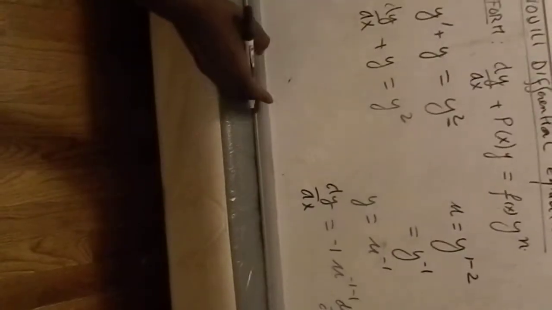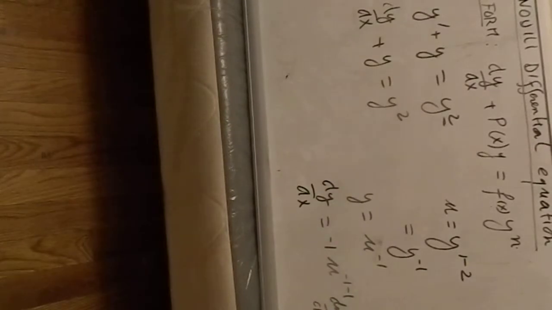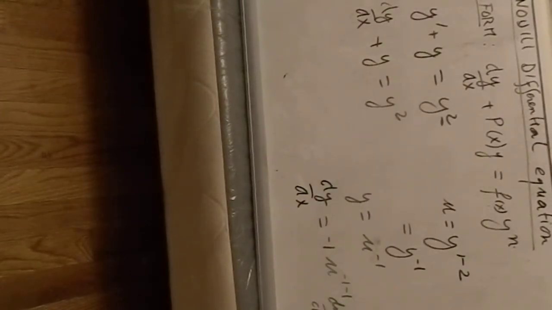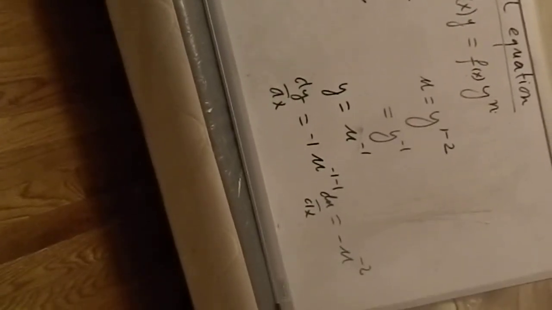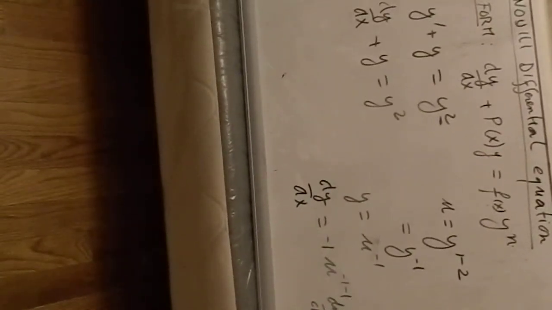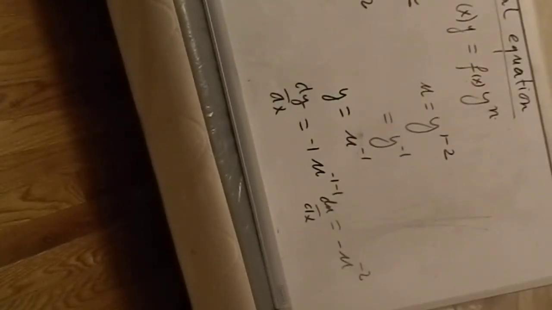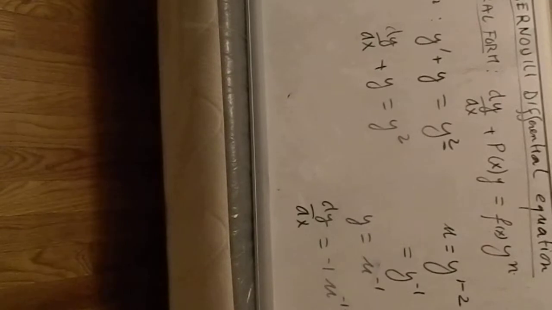Let me make a little bit of space here. I have dy/dx equal to negative u to the negative 2 du/dx, and I have u equal to y to the negative 1.